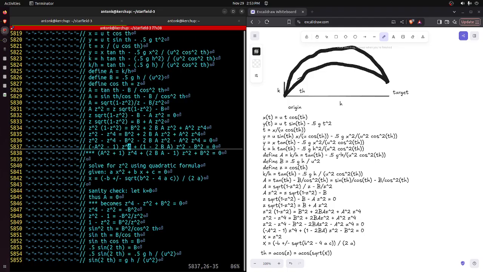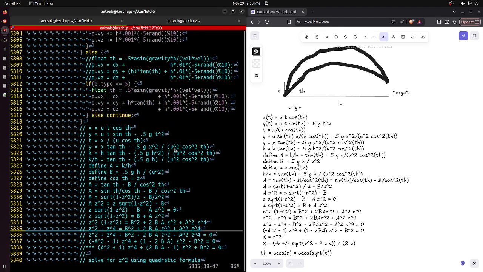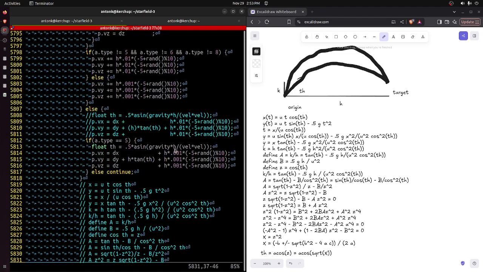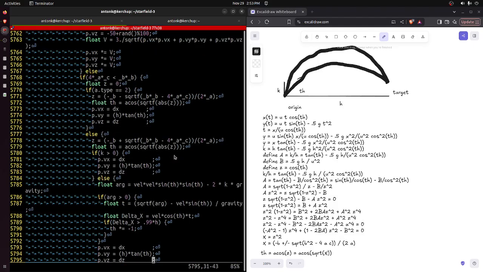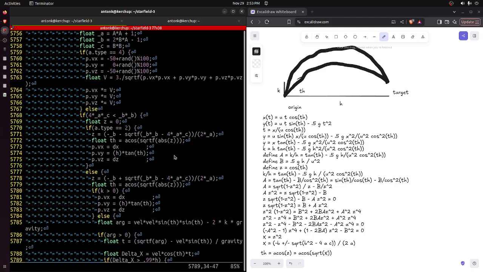And okay, so another thing that you have to worry about is not just the curvature due to gravity, but also the leading the target, right? So let's see if I can find that here.